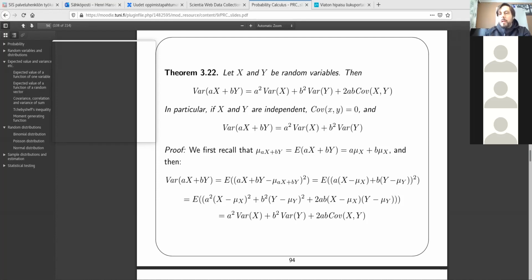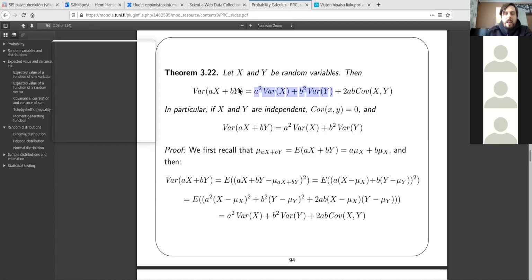If they are independent, then you can take the variance of AX, add the variance of BY, nothing to it. Remember, the variance of AX is A squared times the variance of X.